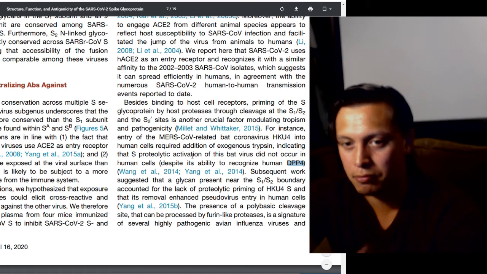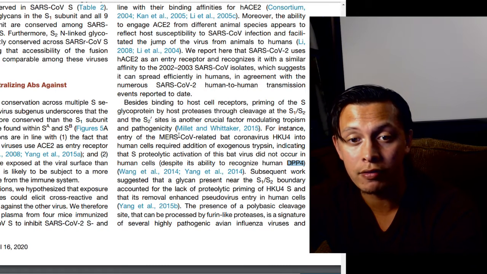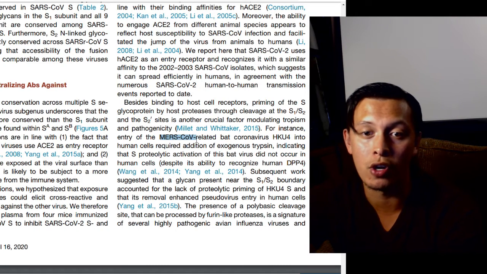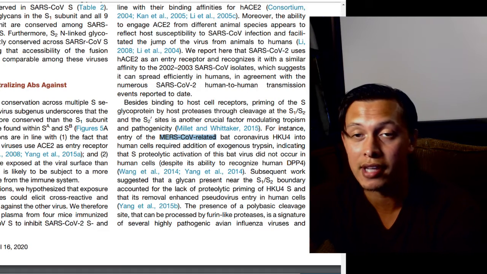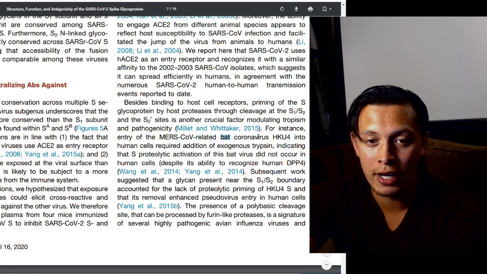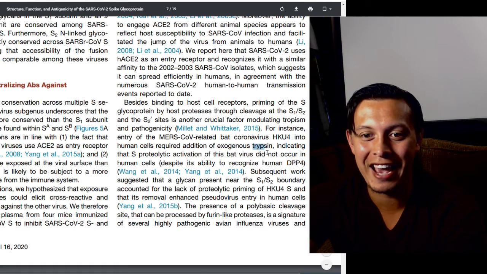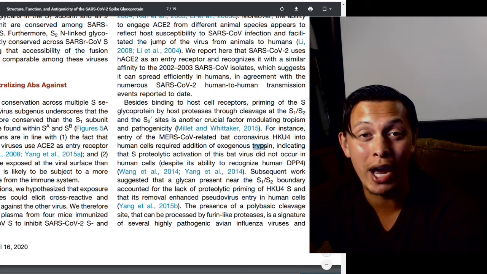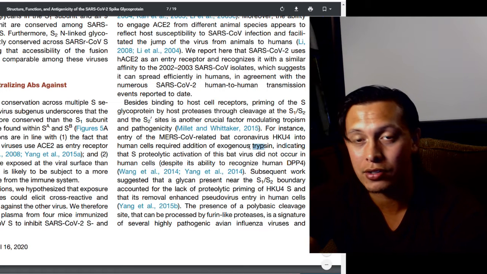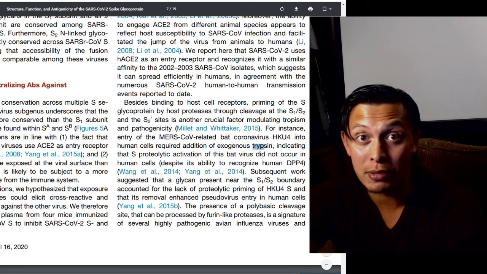Well, that's precisely the one that the original MERS took advantage of. And remember, this is a MERS-CoV related bat coronavirus that is using the same receptor as the original MERS. However, it required a lot of extra protease to get that virus primed to enter the cell. So what they're saying is it's not a very effective virus on humans, at least.